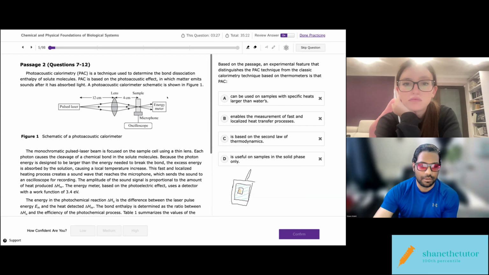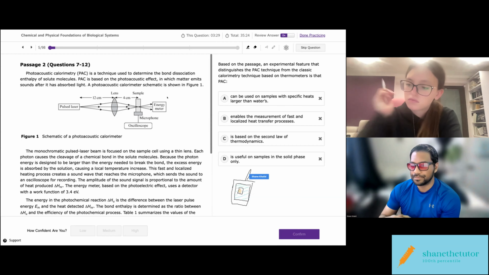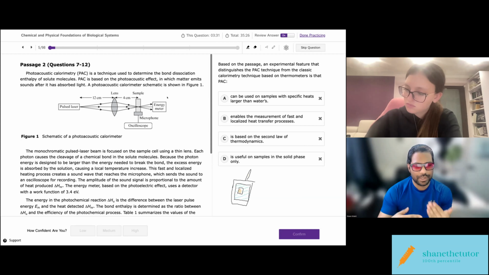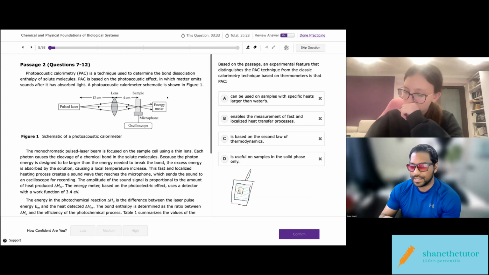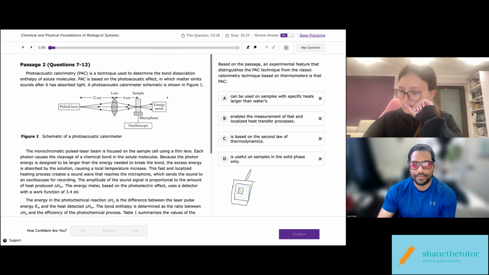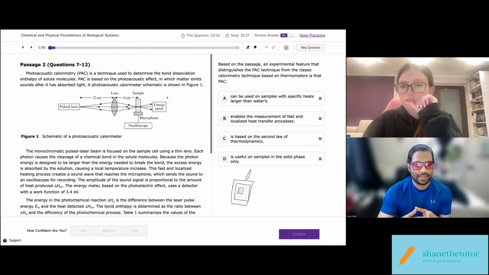We have a thermometer up here, and by measuring the change in temperature of that water we can figure out how much energy was originally in that candy bar.